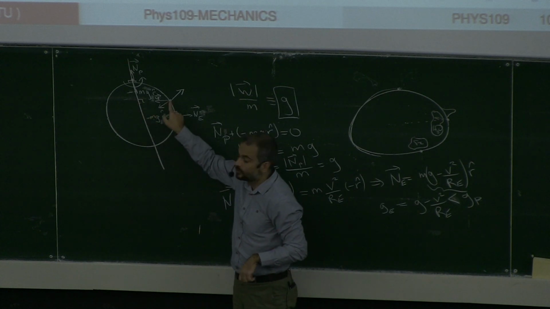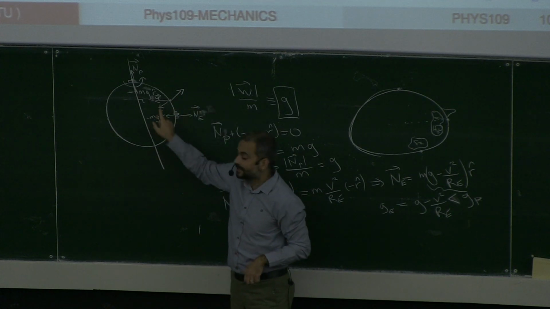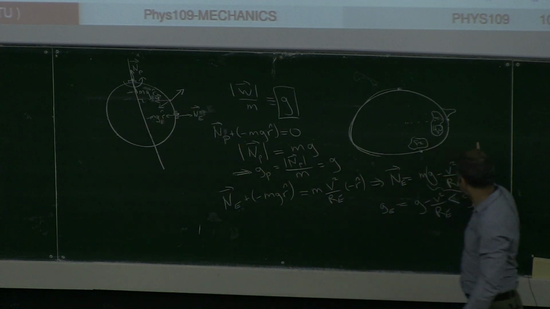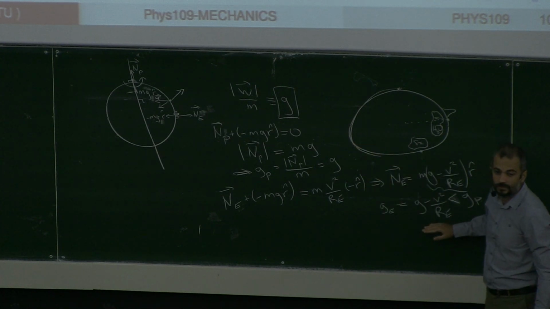So the object over here will be accelerating, and hence the g that you will measure over there will be different from this value.